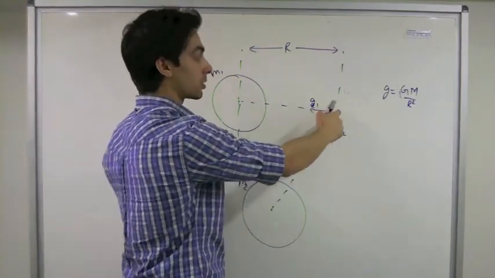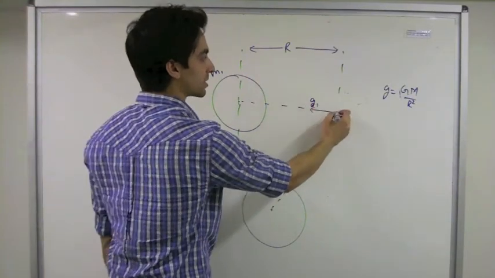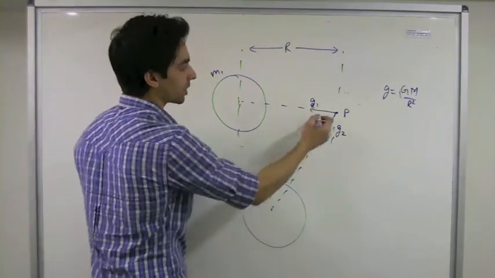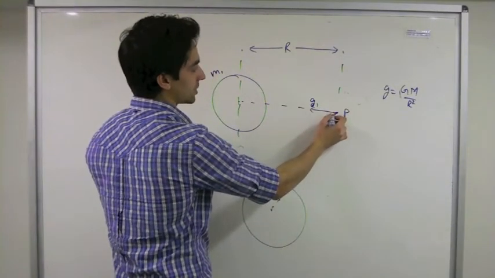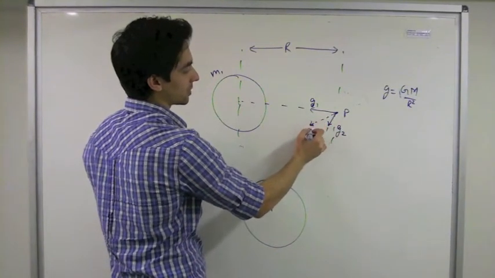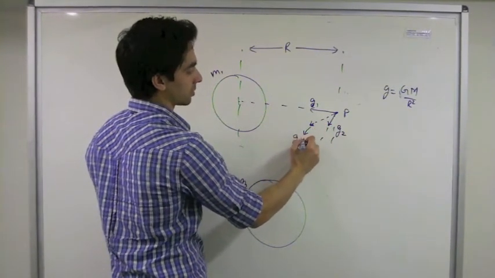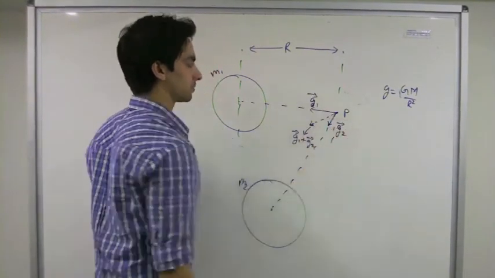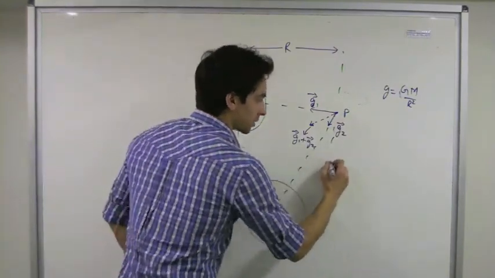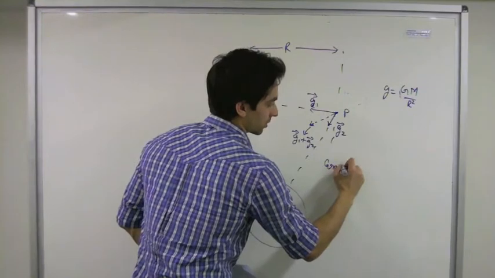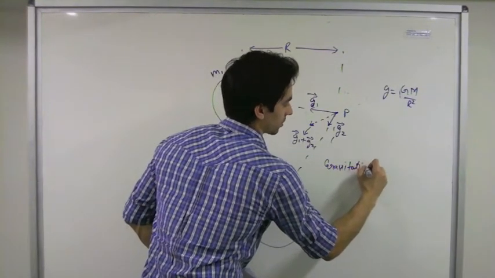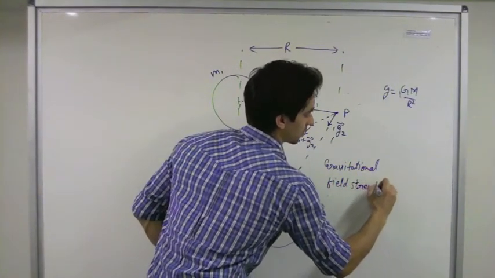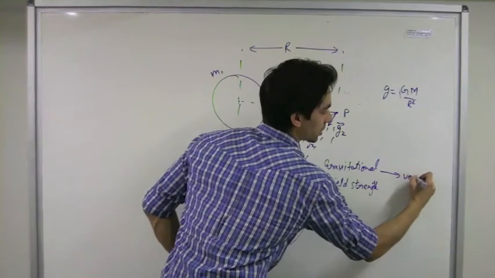Now, if you want to calculate the total gravitational field strength at this point, let's say point P, you will have to do a vector addition of g1 and g2. The resultant would then be somewhere here. This should be the resultant gravitational field strength at point P. So remember, gravitational field strength is a vector quantity.